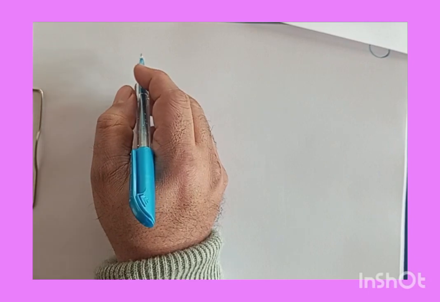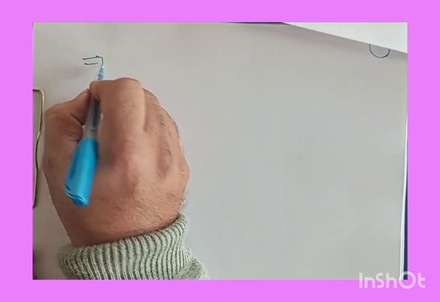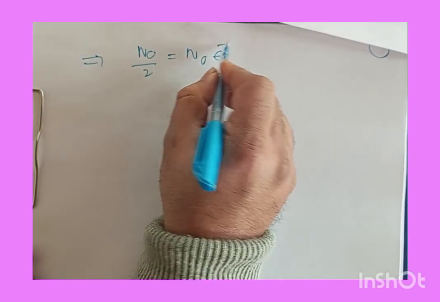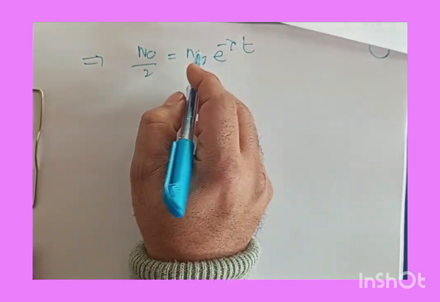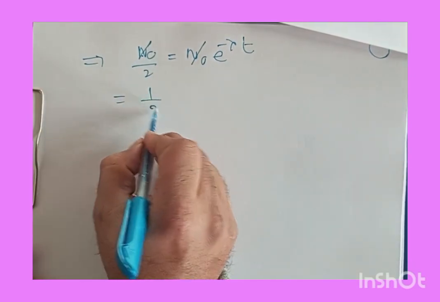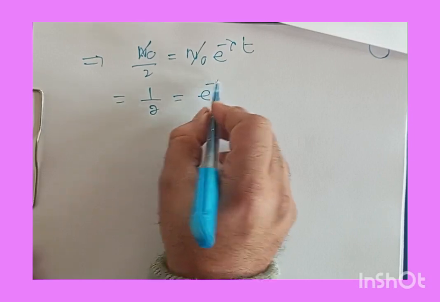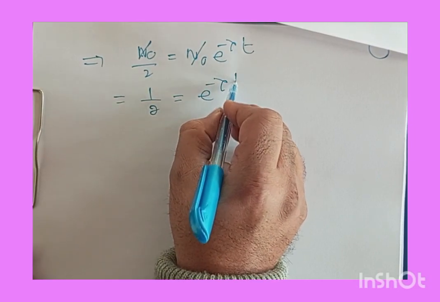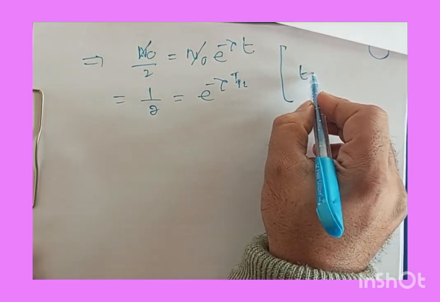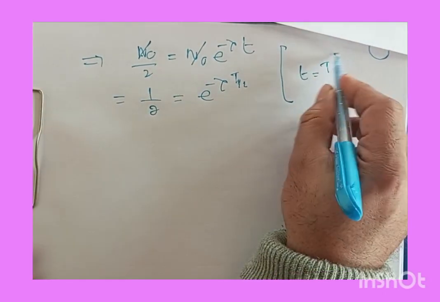So what we'll get is N naught by 2 is equal to N naught e to the power of minus lambda t. So this N naught and N naught can be cancelled. I will have 1 by 2 equal to e to the power of minus lambda t half, because this condition goes with t equal to t half.